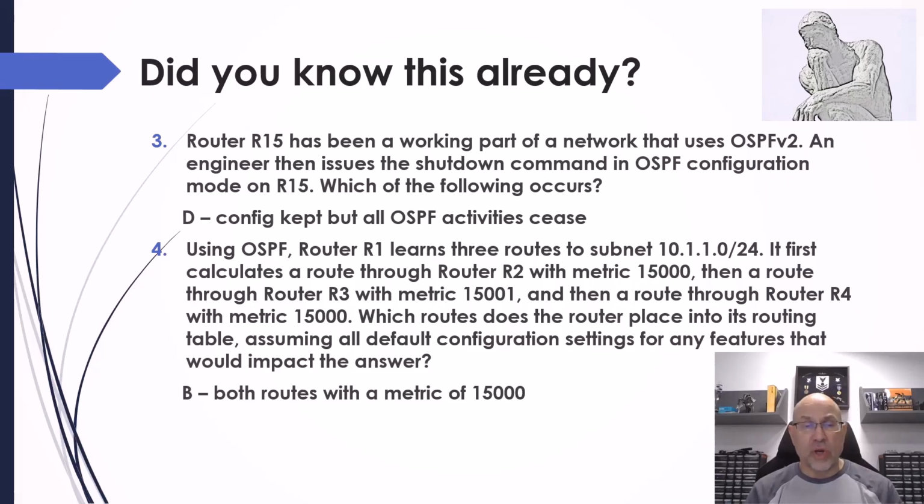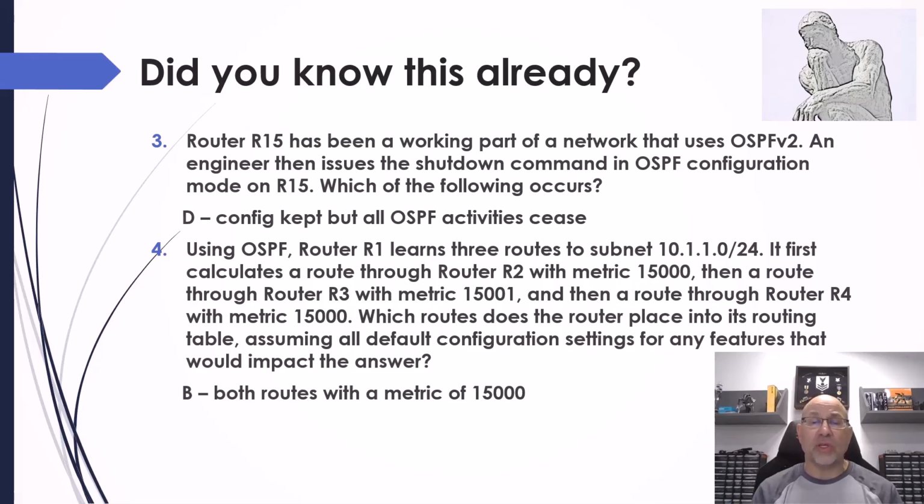Question number 4. Using OSPF, router 1 learns 3 routes to the subnet 10.1.1.0/24. It calculates a route through router 2 with a metric of 15,000, then a route through router 3 with a metric of 15,001, and then a route through router 4 with a metric of 15,000 again.